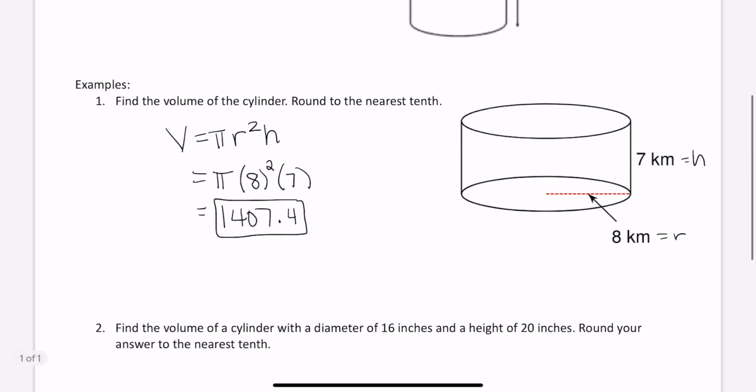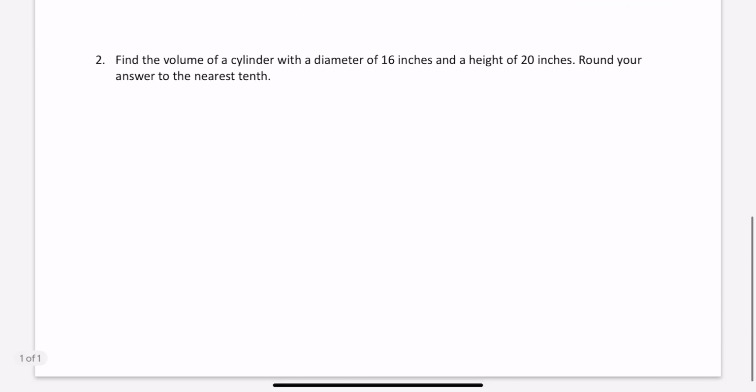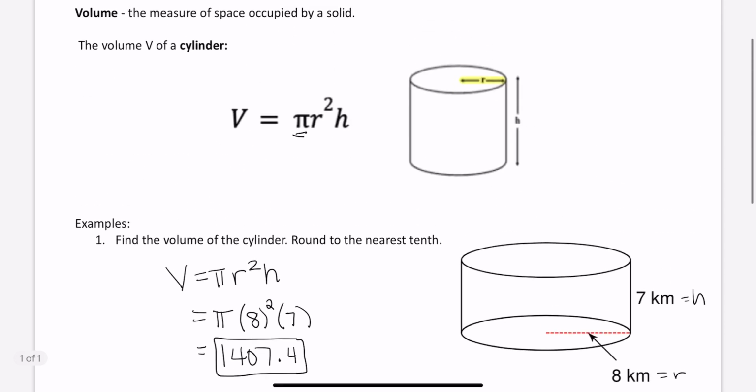All right, next example. They might not just give you the radius. They might also not give you a picture. Because here it says find the volume of a cylinder with a diameter of 16. So diameter is going to be 2 of the radiuses. If we go back up to this picture, the diameter is going to be the entire distance across. So that's why it's 2 of the radiuses.